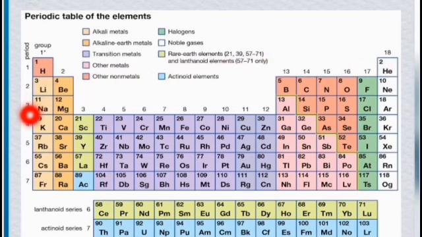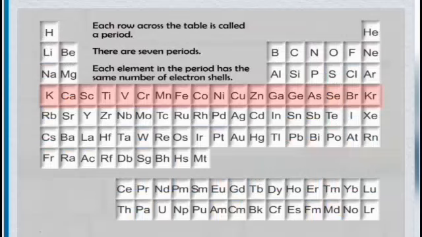The second period contains 8 elements starting from lithium. The third period also contains 8 elements, and the fourth period contains 18 elements and is called a long period. The rest of the periods also contain 18 elements and are called long periods.